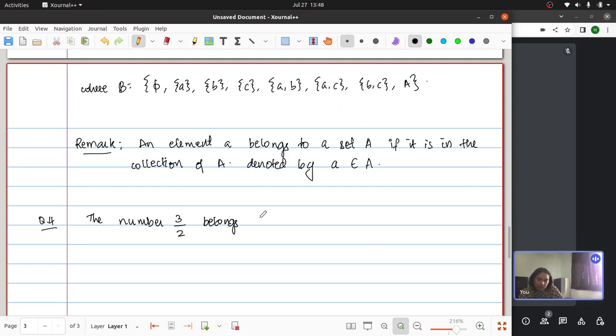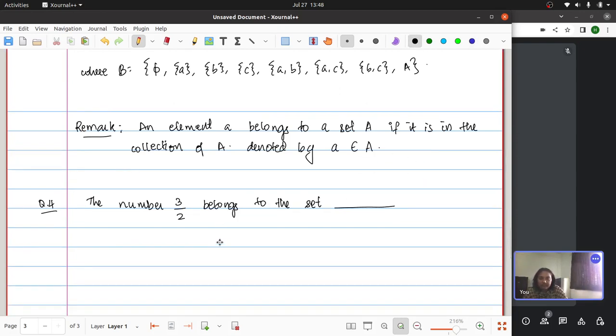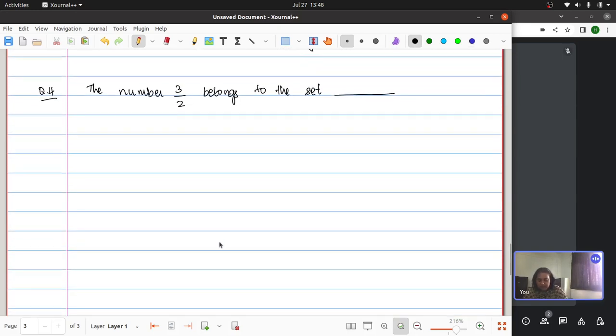Now if we look at question 4 of the assignment, it says the number 3 by 2 belongs to the set. So there are 4 options. Before we answer this question, we will just look at some fundamentals about the number systems, right. We have already defined what natural numbers are. We will look at a few other definitions.